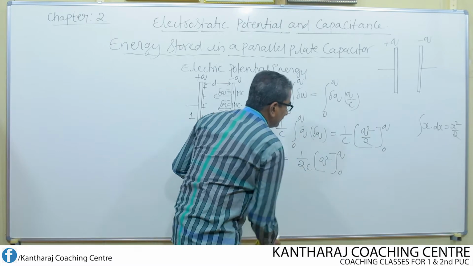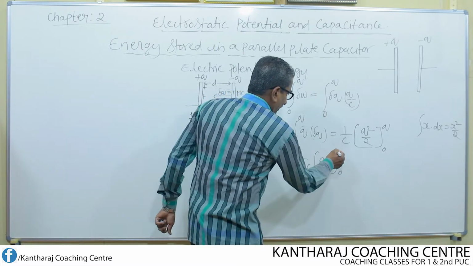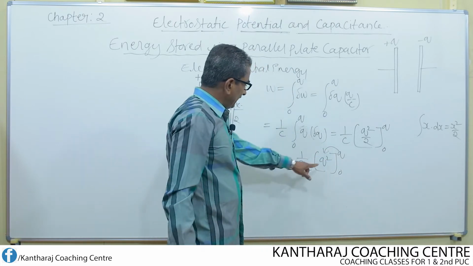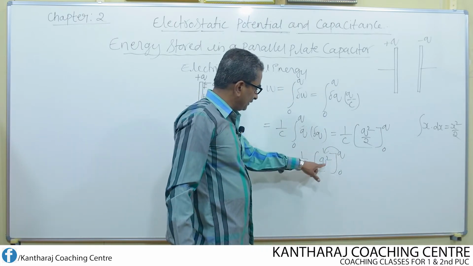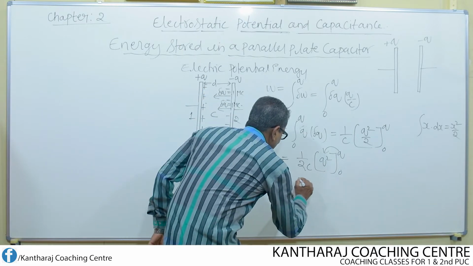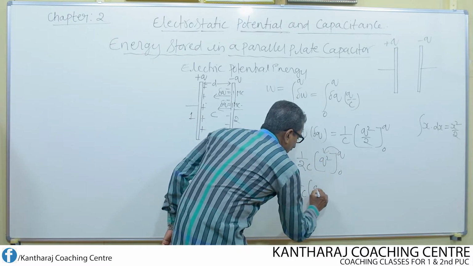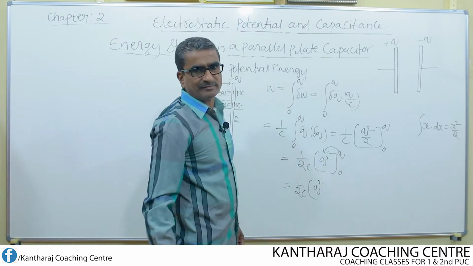First I apply the upper limit according to the integration rule. In place of Q, if I substitute Q, what do I get? Q itself. So this is 1 over 2C, and I get Q square.